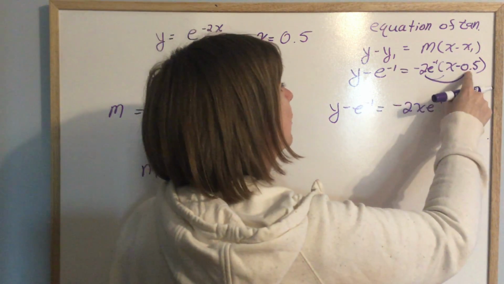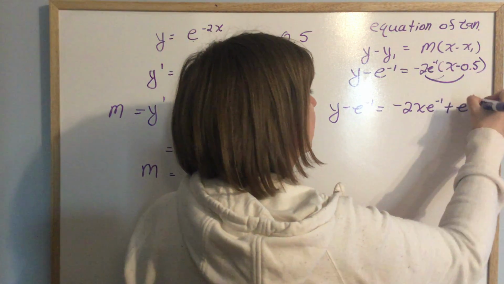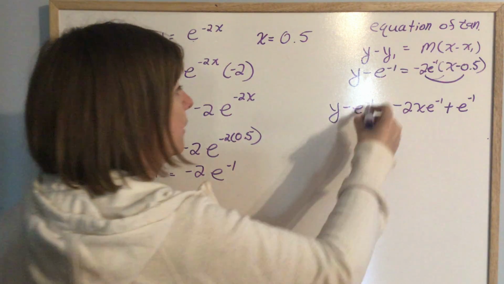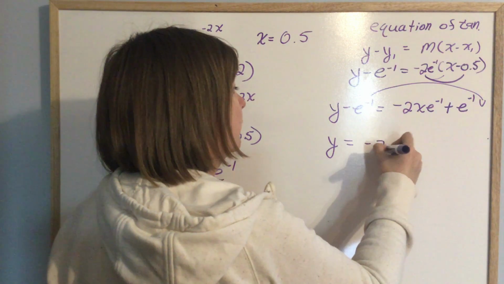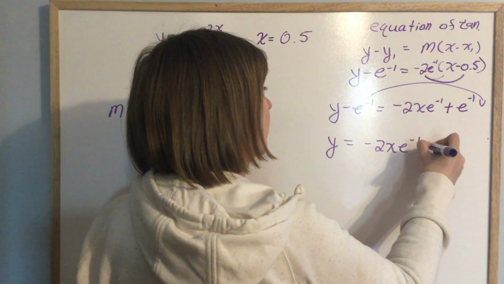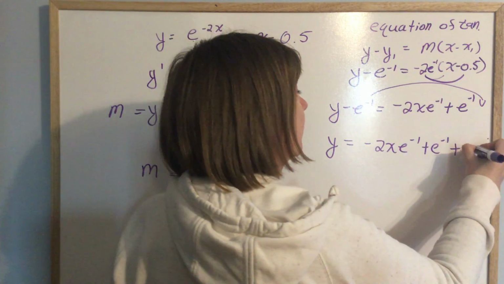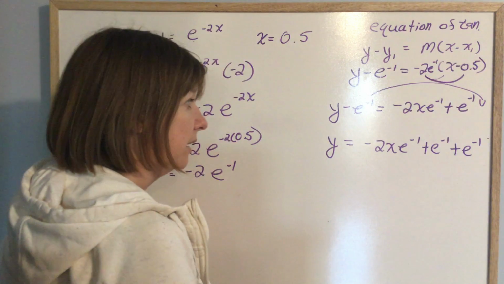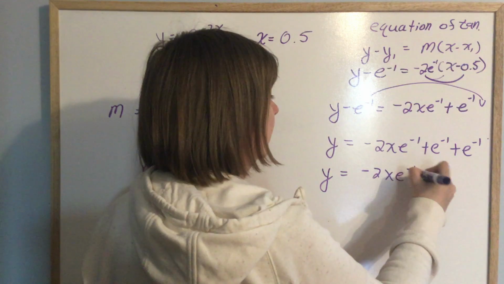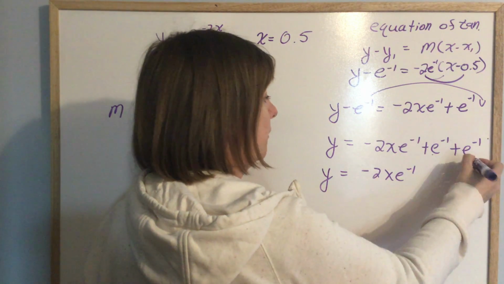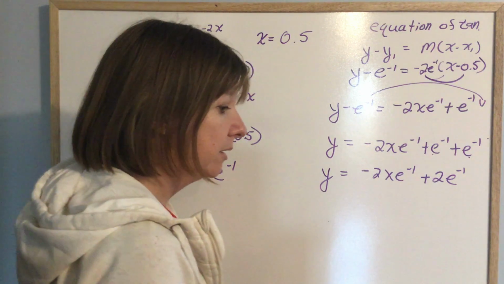Well, negative 2 times negative 0.5 would be positive 1e to the negative 1. So if I move this over here now, I have y is equal to negative 2x e to the negative 1 plus e to the negative 1. And when I move this one over here, there's another plus e to the negative 1. So negative 2x e to the negative 1. E to the negative 1 plus e to the negative 1 would be 2e to the negative 1.